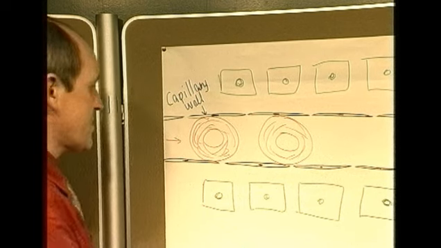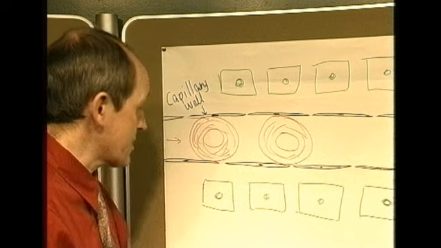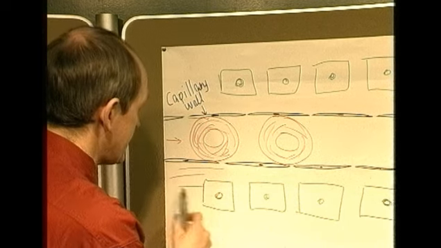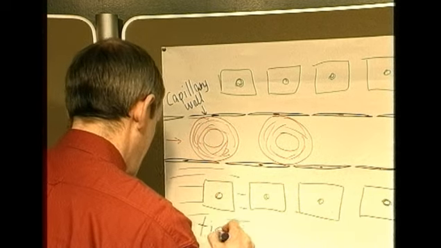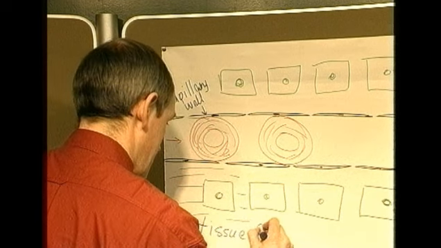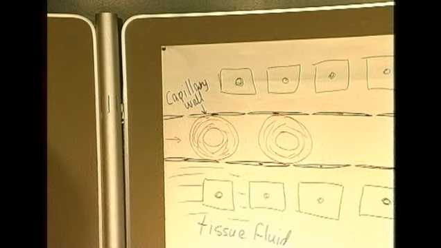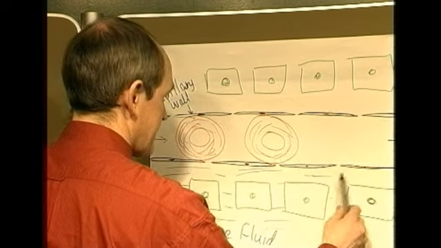But notice the blood is not actually in contact with the tissue cells. But round about the capillary, the tissue cells are bathed in tissue fluid. So the cells of the tissue bathed in tissue fluid.